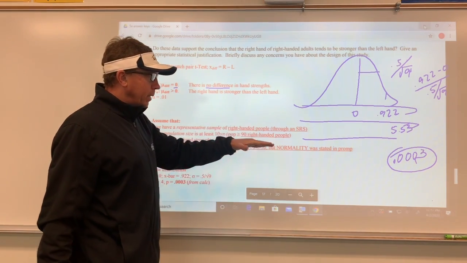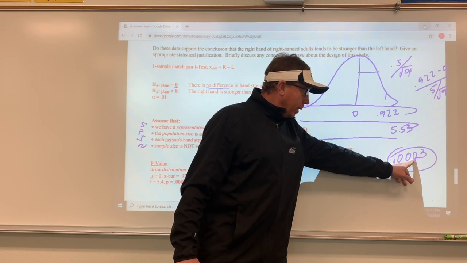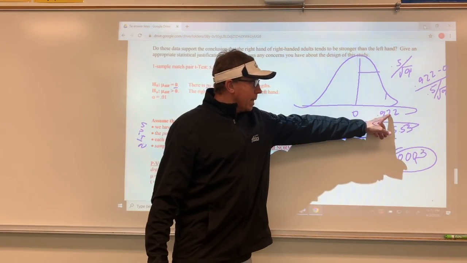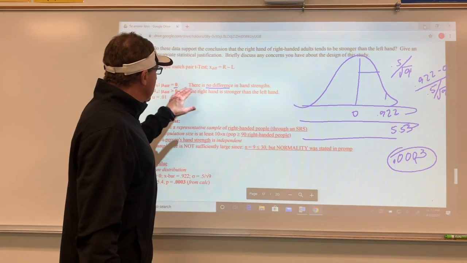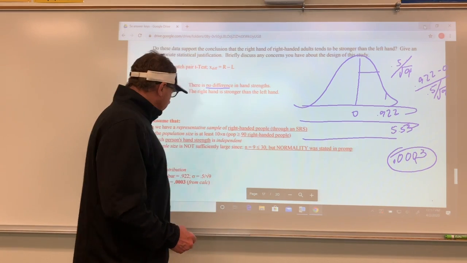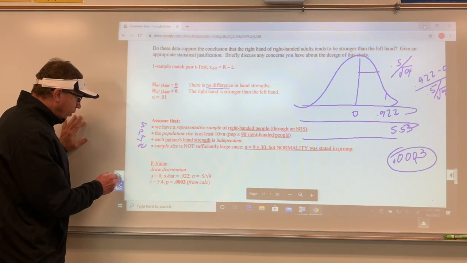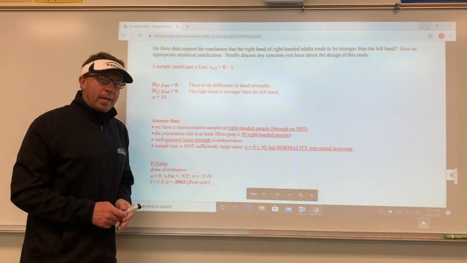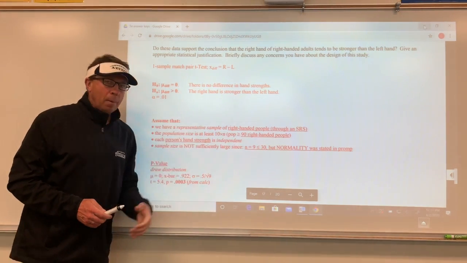So in this case, there is a 0.03% chance that we would get data this extreme even if H0 is true. So it's not likely. So your conclusion is going to be to reject H0 and to accept HA as probably truth.